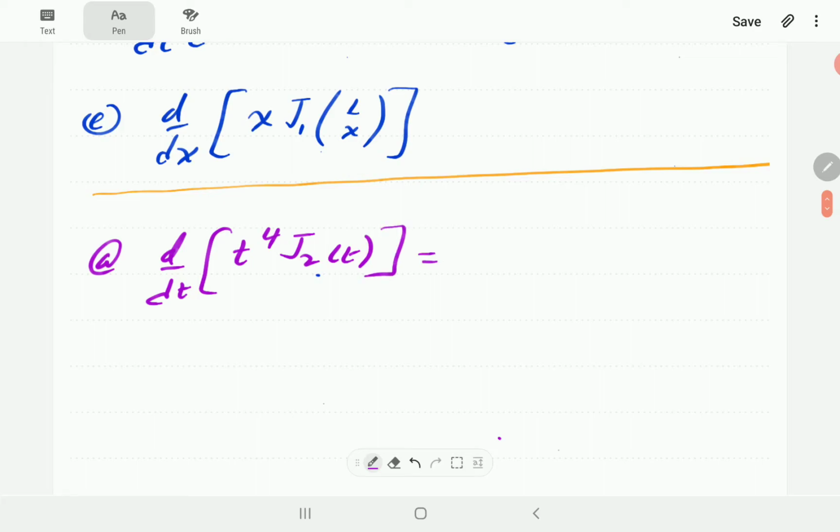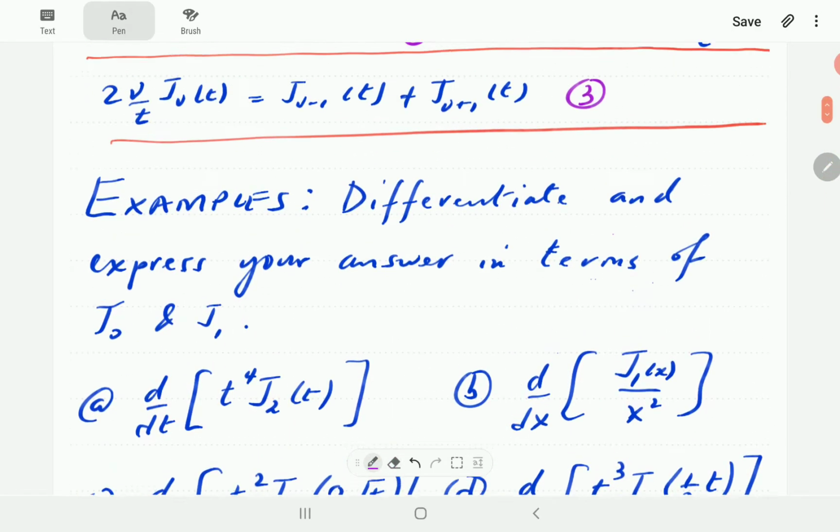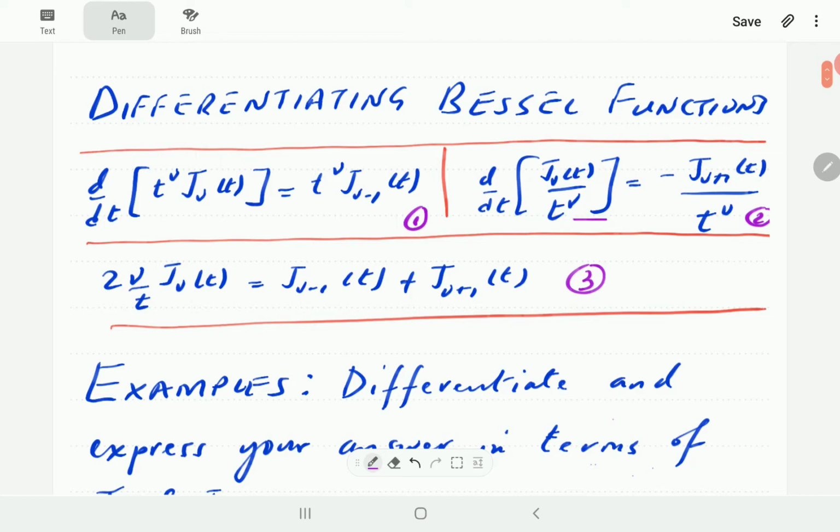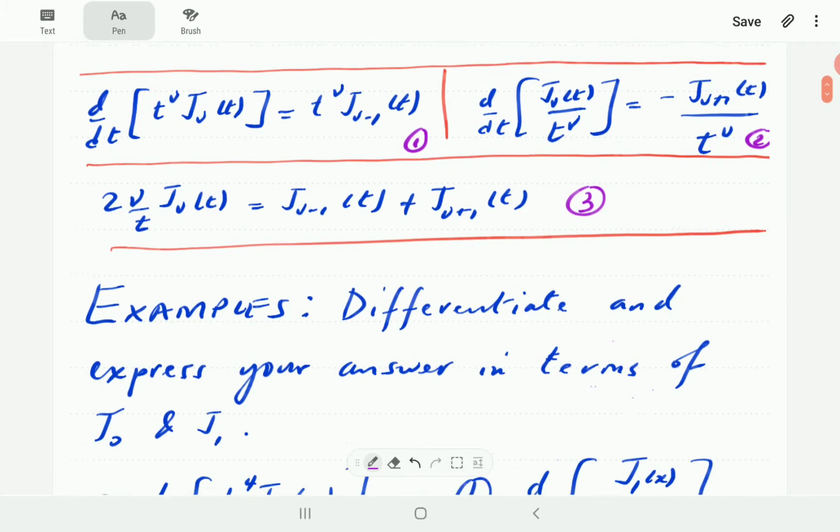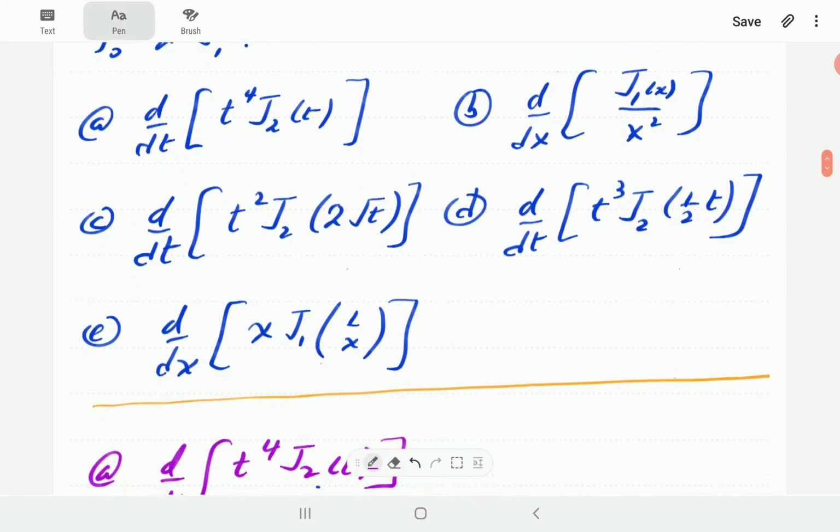What we will want to do is to rewrite this so that it takes one of these forms, either this form or this form, because those ones we can differentiate. If you like, the exact derivatives in this context.